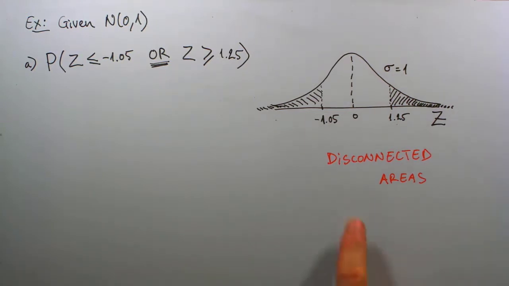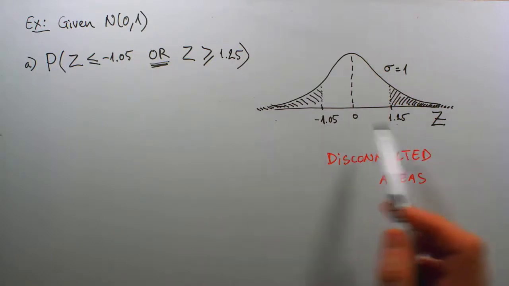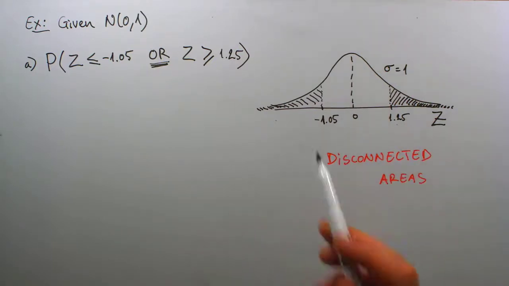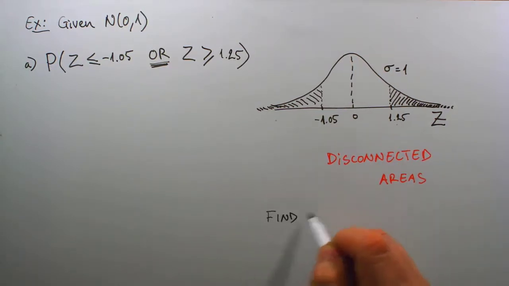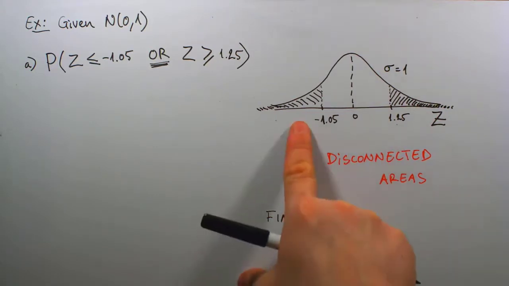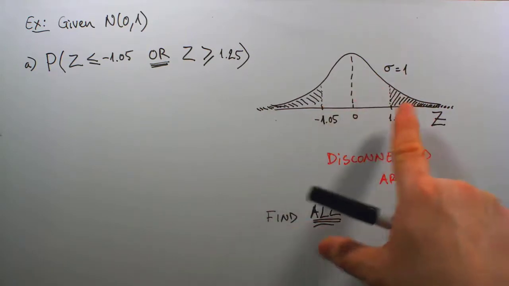I am going to show a method that I'm not saying is the fastest, but it is the easiest method to understand. Anytime you are solving a problem where we're looking at disconnected areas like this, the only thing we need to do is find all pieces. Because it's disconnected areas, we have a piece here, a piece there, and so many different pieces scattered throughout the bell curve.